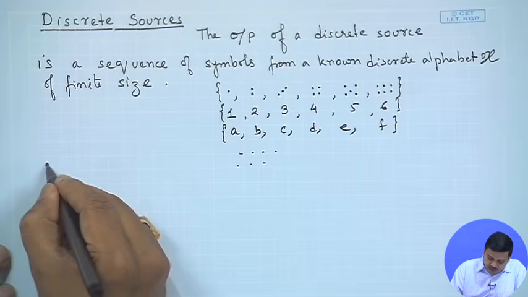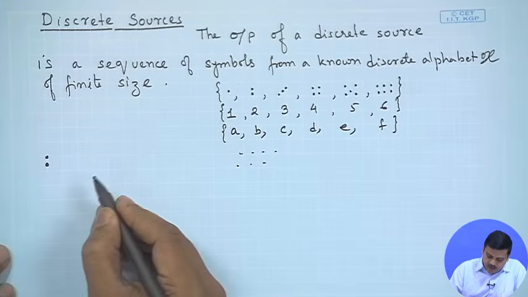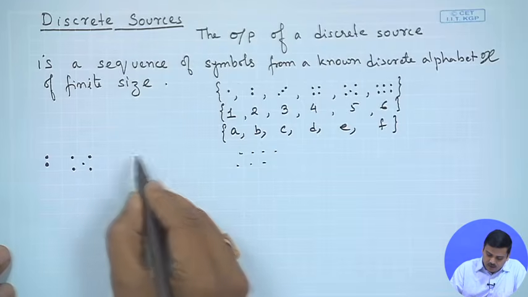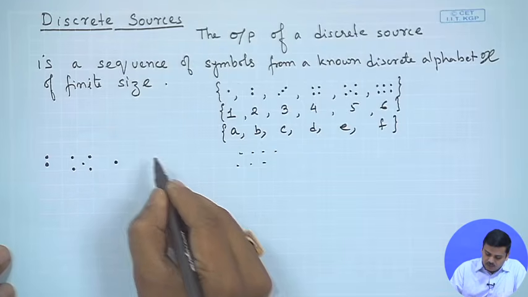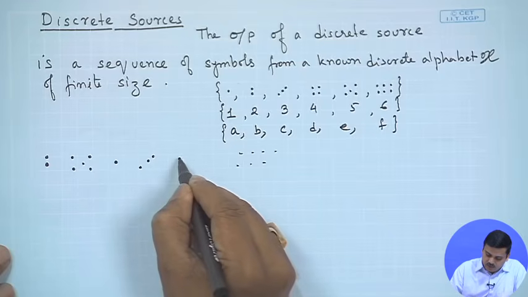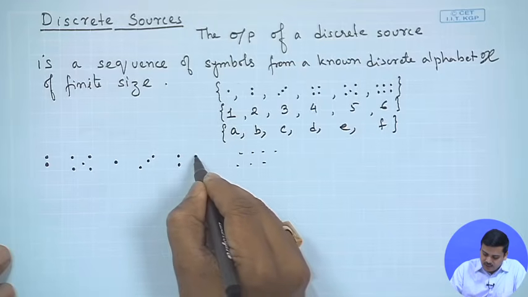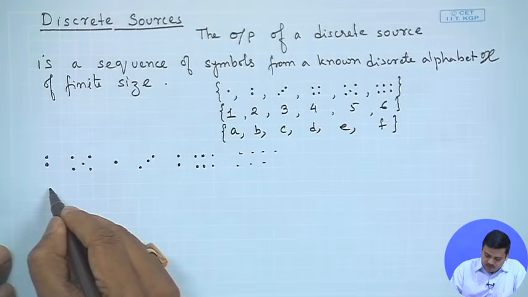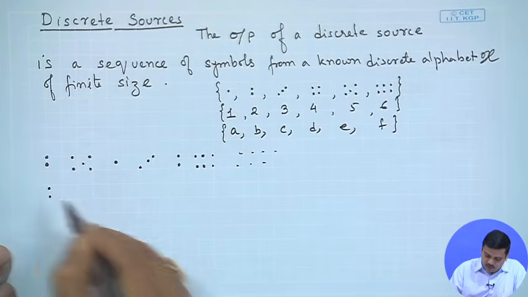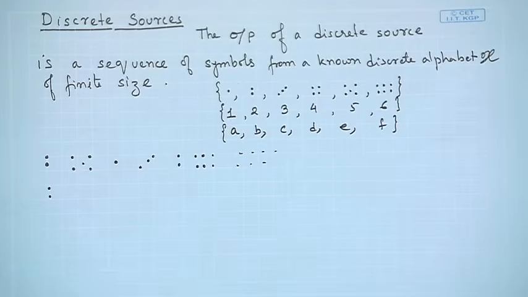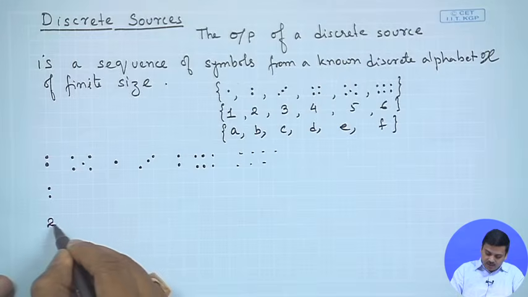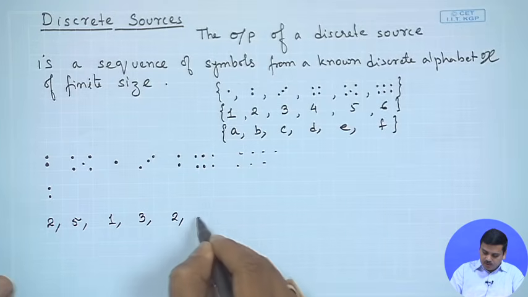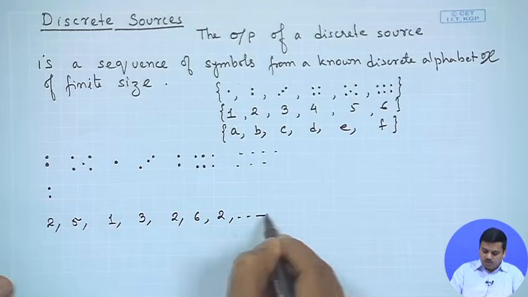First you might get a 2, let's say, then a 5, then you can get a 1, a 3, a 2 again, a 6, a 2 again, and so on and so forth. This could be represented in another way: I get a 2, a 5, a 1, a 3, a 2, a 6, a 2, and so on and so forth.